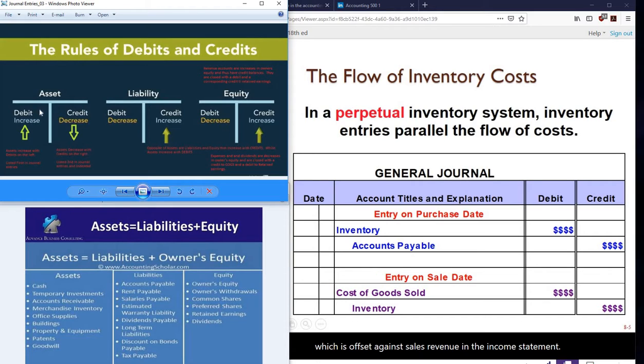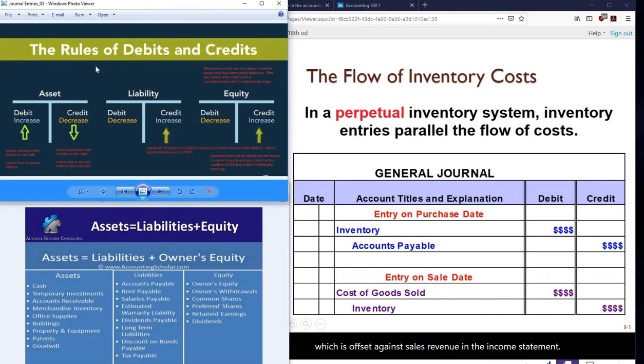If you bought inventory and you are going to do the posting, then the inventory you debit. Say it was $1,000. So you would write inventory, $1,000 got debited, so your inventory went up.